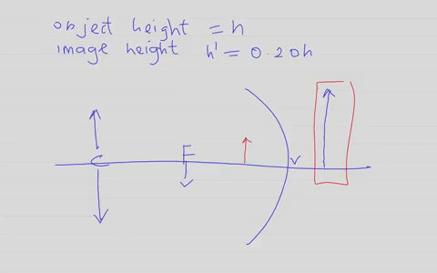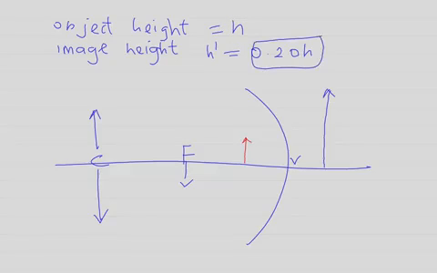Now, we know this information, right? If you look at this, you observe that this object has a height of 8 and the image has a height of 0.208.